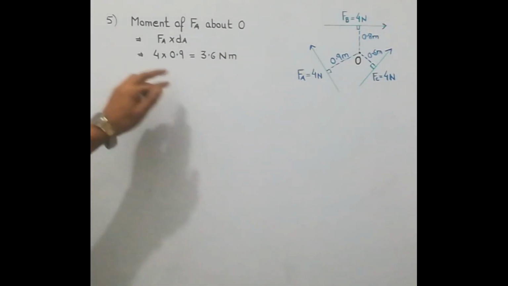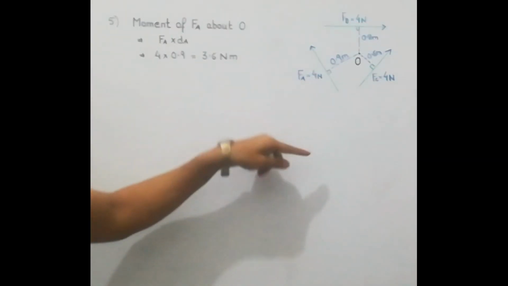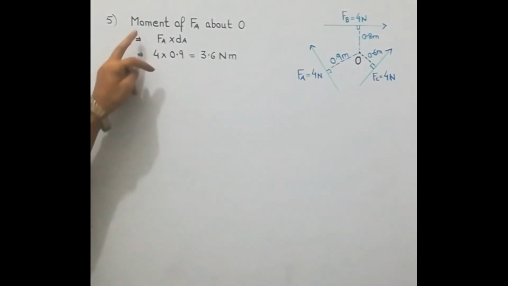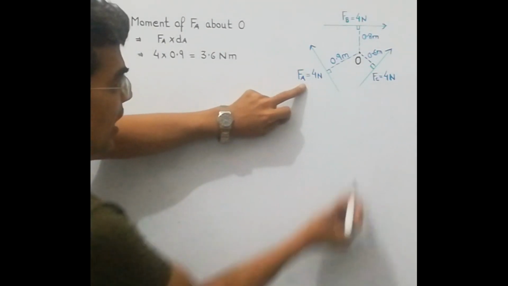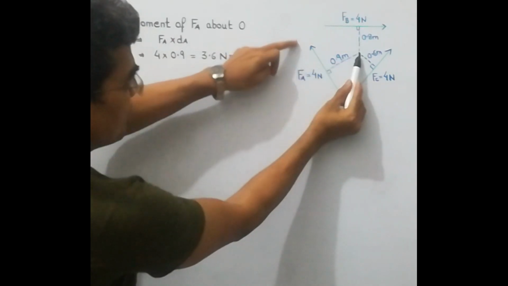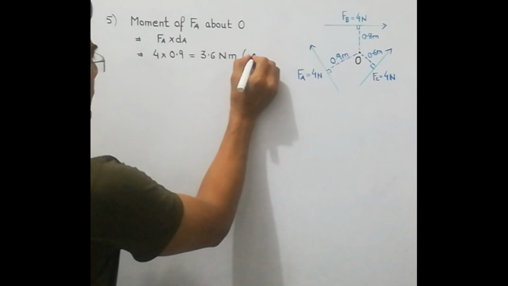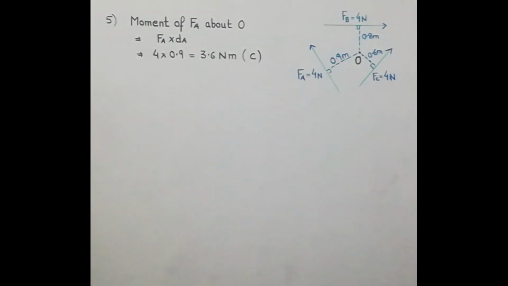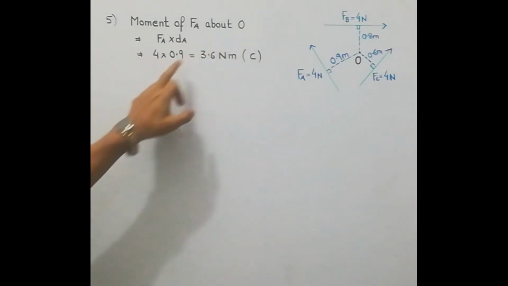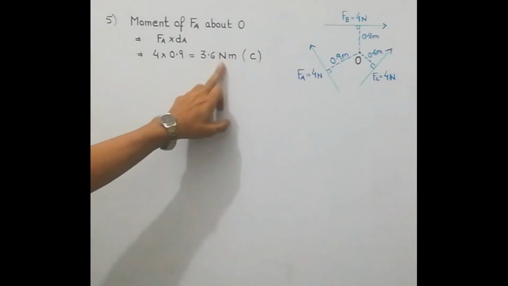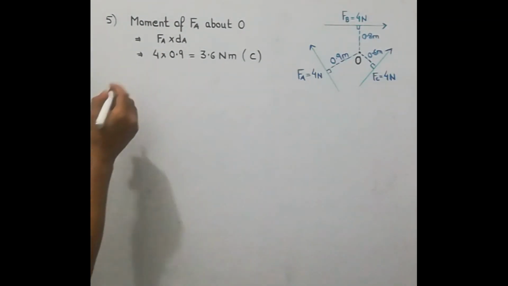No, because when we are finding the moment, we also have to write down the direction, whether it's in clockwise or anti-clockwise. So if you consider for this force FA about this point, it is going to rotate it like this. So that is clockwise. So here we can say moment of FA about O will be 3.6 Newton meter and the direction will be clockwise.